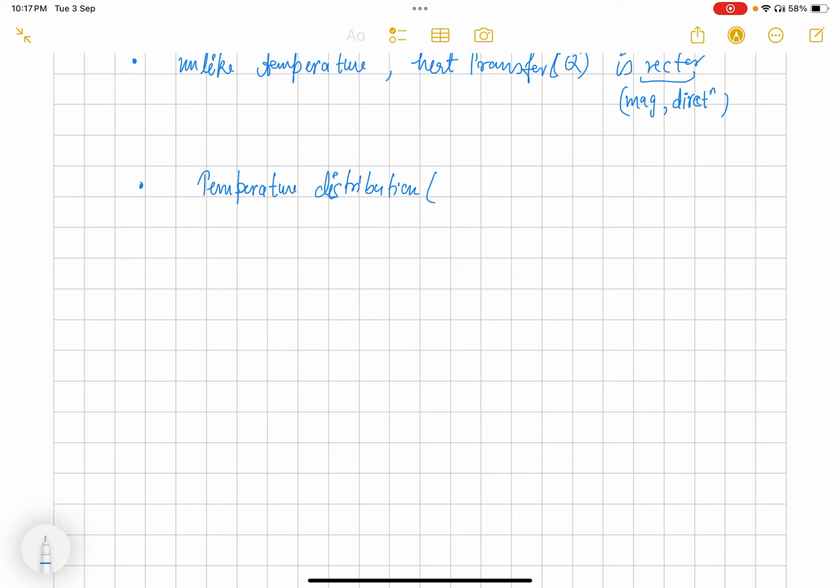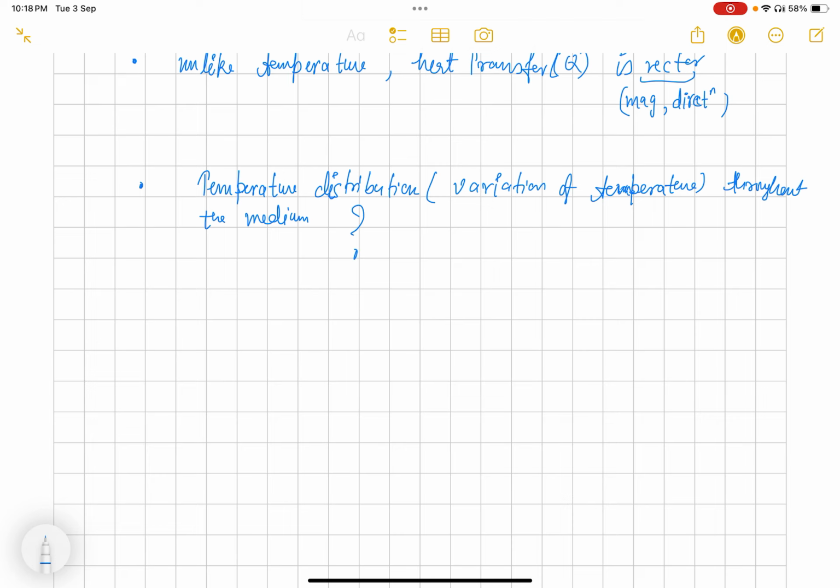Temperature distribution is nothing but the variation of temperature throughout the medium, which is the important objective of any heat transfer problem.